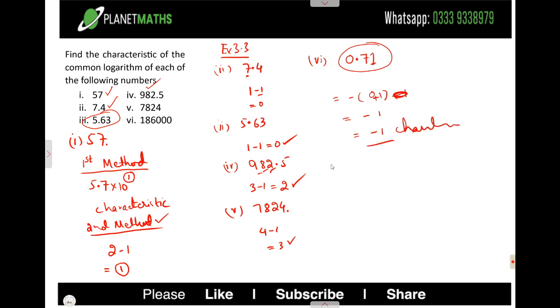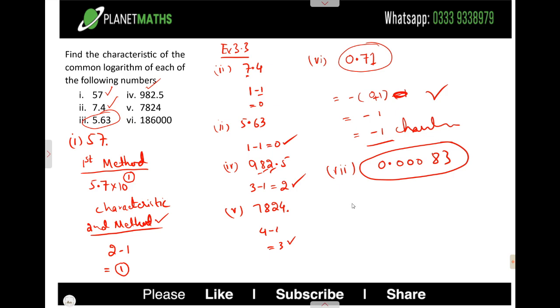Let's say we have another question to further clarify it. 0.00083. This number is less than 1, so we have to apply the second method. Now count the number of zeros after the decimal point.